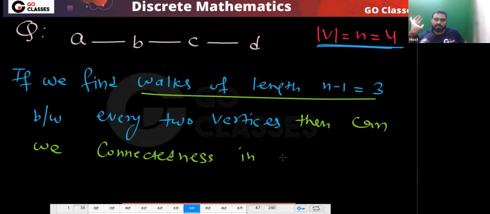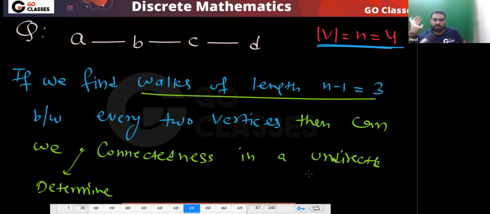Can we determine connectedness in an undirected graph? Tell me, it's a simple question.